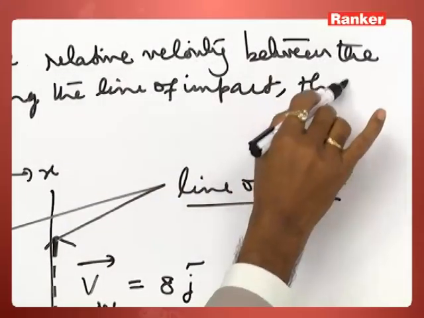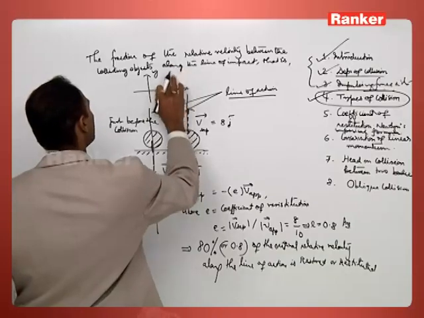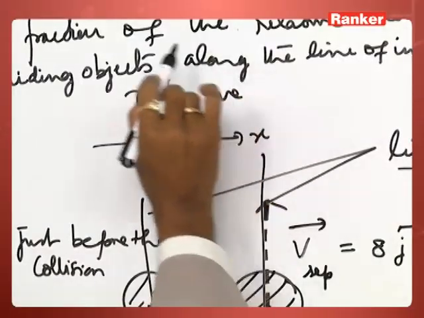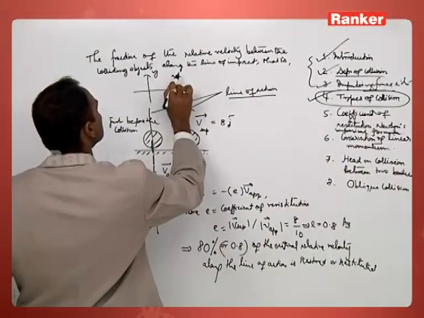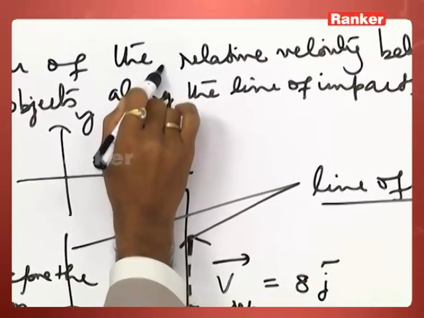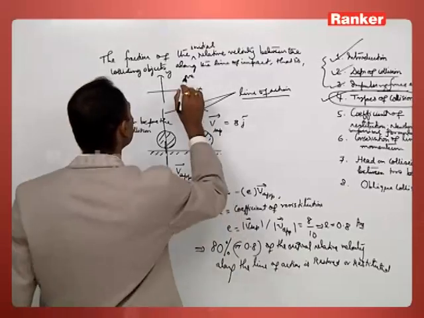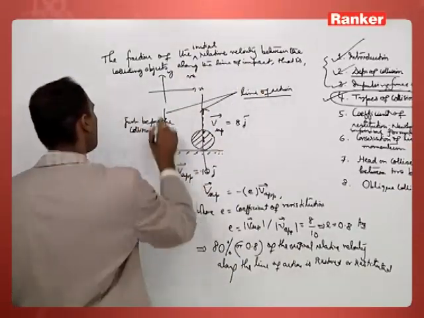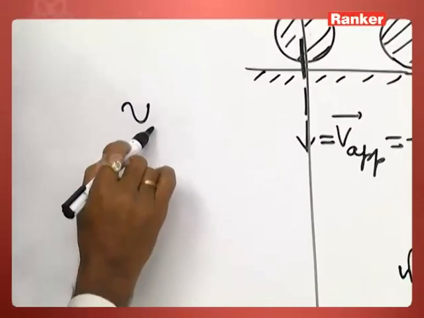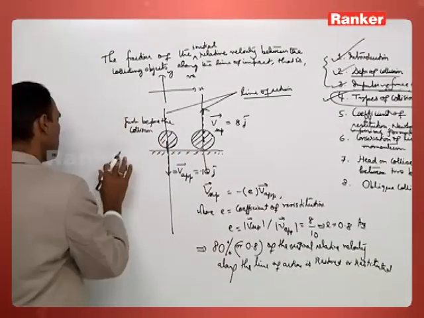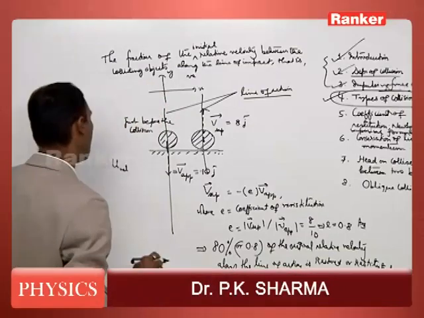That is velocity of approach, the fraction of the relative velocity between the colliding objects, or you can say initial, just before the collision. The fraction of the initial relative velocity between the colliding objects. This is the initial relative velocity. Velocity of approach is nothing but relative velocity between the colliding bodies along the line of impact.